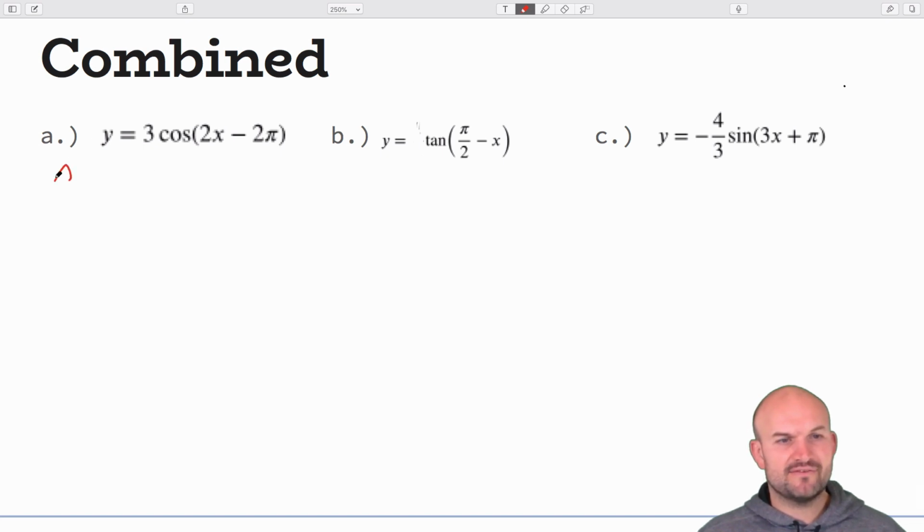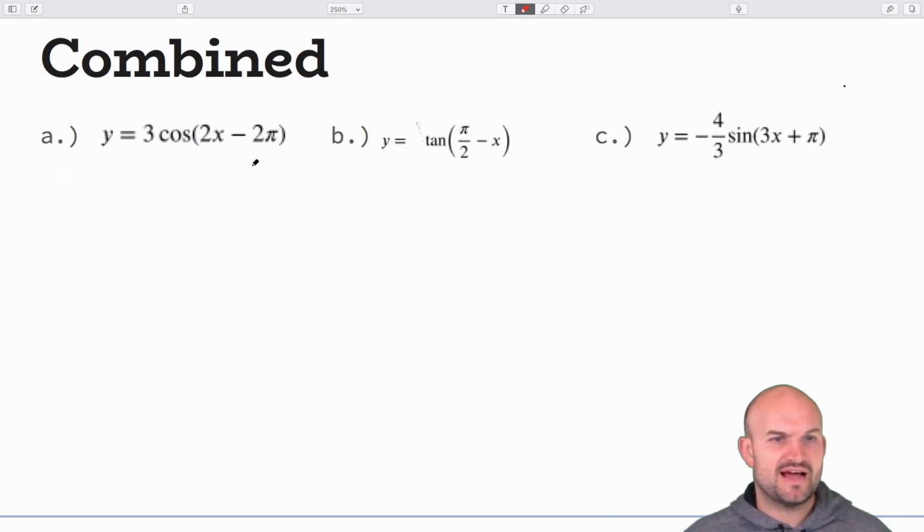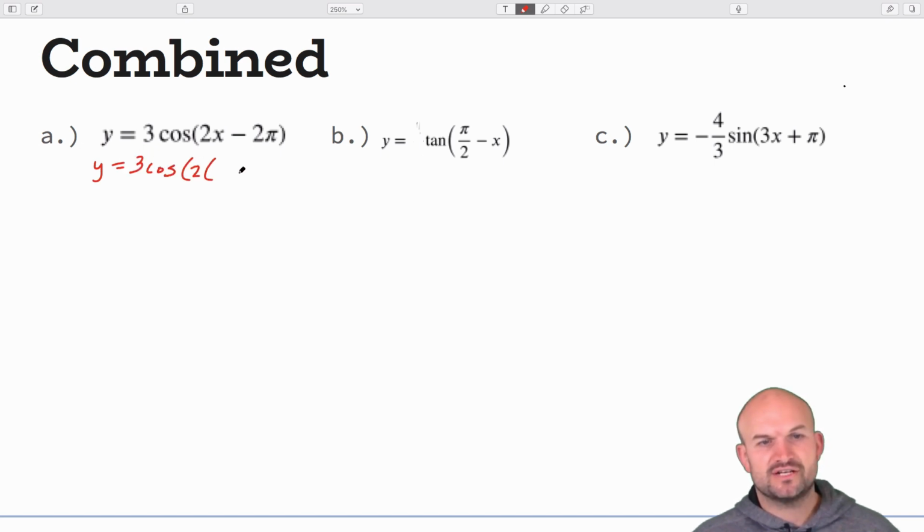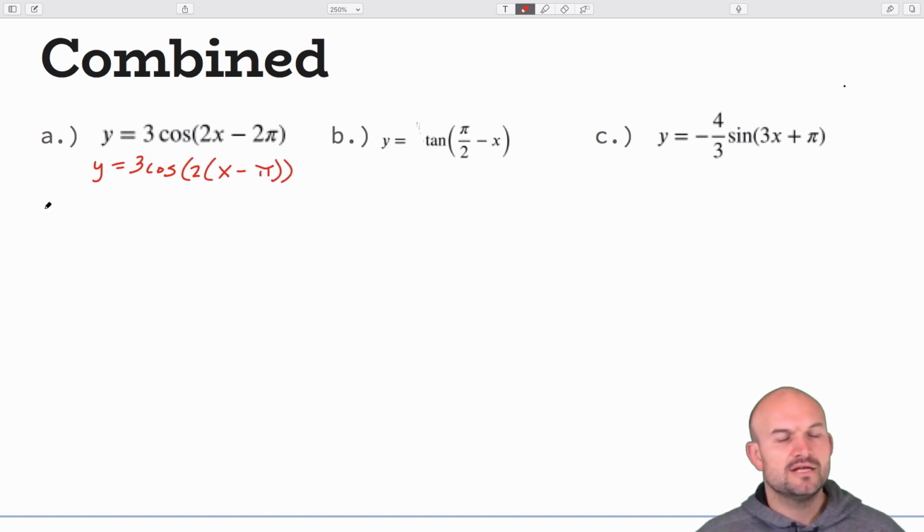So in this case, we have an amplitude equal to 3. The first thing we need to do is factor them out. So in this case, I can factor out a 2. Factor out a 2, that's going to leave me with an x minus pi. Okay, so now I can say my amplitude is just going to be the absolute value of 3, which is 3.